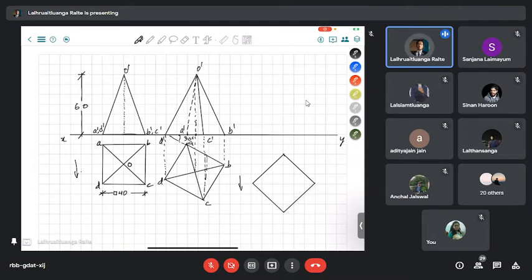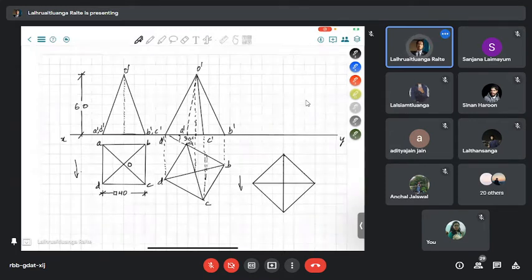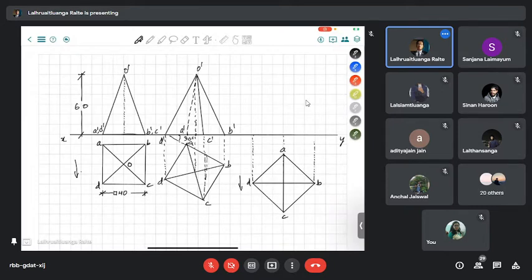So when a square is inclined at 45 degrees, the property is that the diagonal is going to be perfectly behind each other, so you are not going to be able to see the line hidden behind it. For example, in the case of point A, it will be right behind point C. Right. So you project the points. A and C will fall over here.